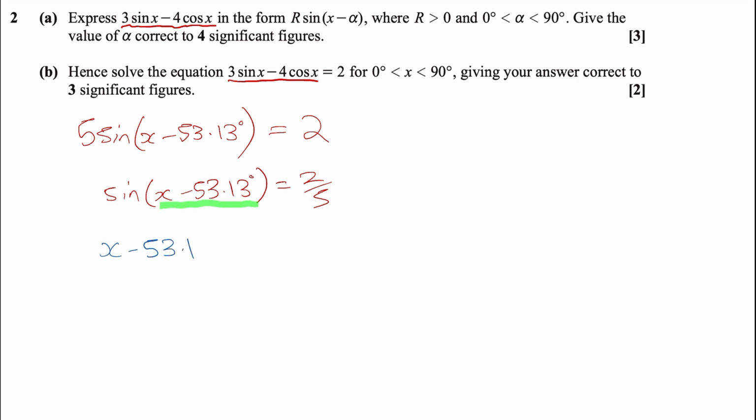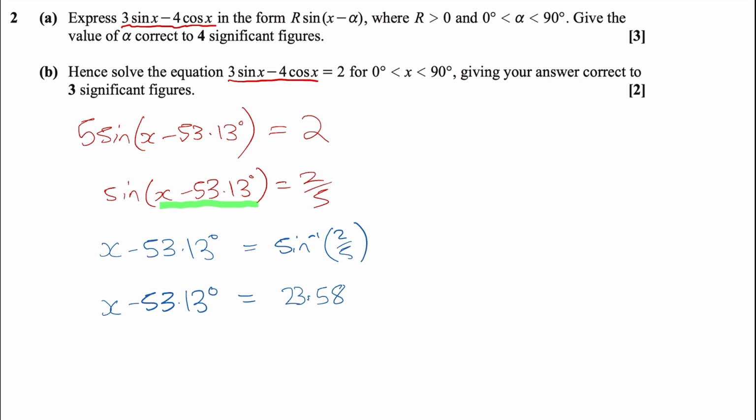So x minus 53.13 degrees equals sine inverse of 2/5, which is 0.4. Oh, I didn't do sine inverse, whoopsies. There we go, 0.4. And that gives us 23.58.